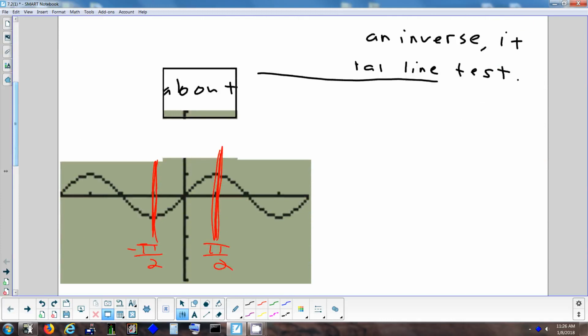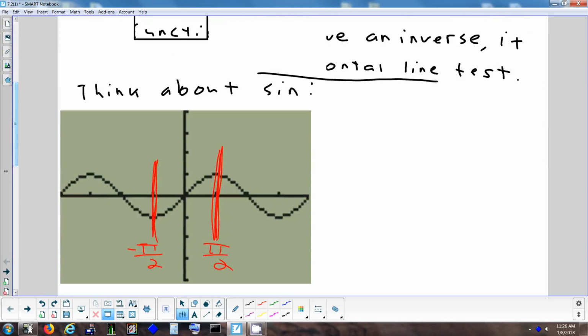Let's start with the range. What's the highest and the lowest that wave goes? The highest is up at 1 and -1.